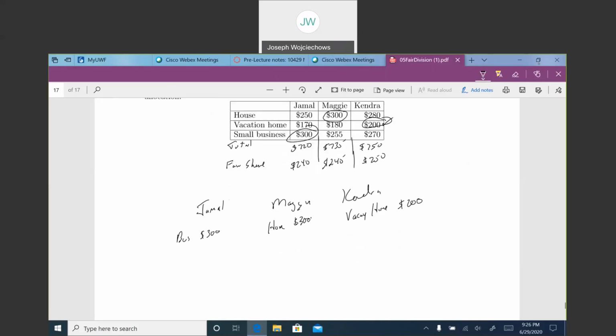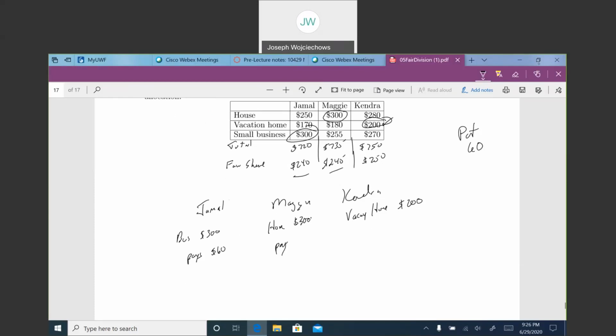Okay, so now let's look. Jamal thinks he got $300,000 worth, but only $240,000 is what he deserves. So he pays $60,000. So now we have $60,000 in our pot. Maggie got $300,000 worth of value, but her fair share is $245,000.